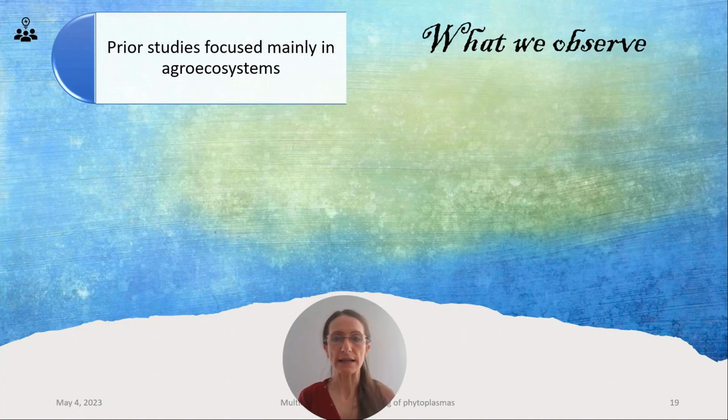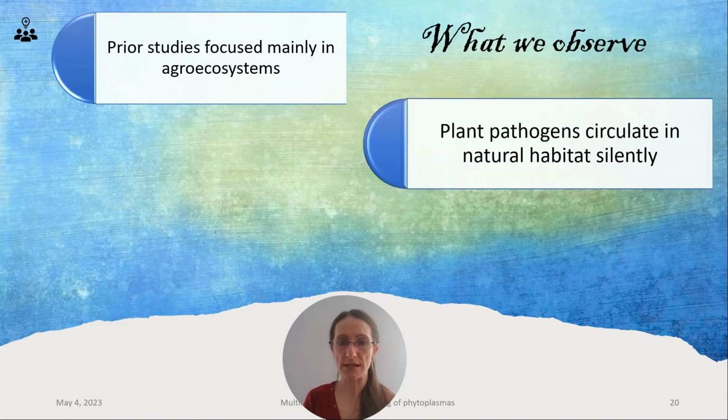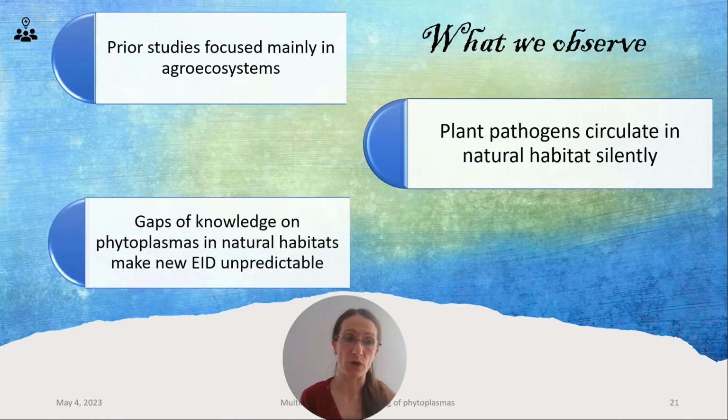So finally, we all know that plant pathogens are mostly well studied from the perspectives of plant disease epidemiology and management. We also know that plant pathogens circulate in natural habitats silently, and that the gap of knowledge on phytoplasmas in natural habitats makes new emerging infectious diseases unpredictable.